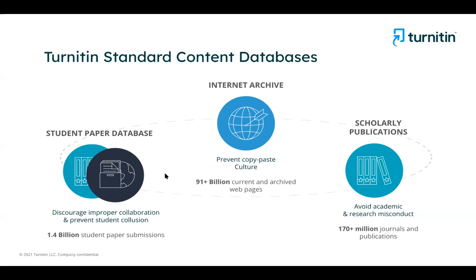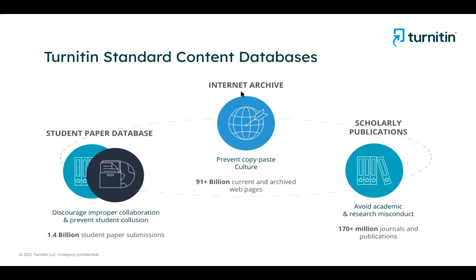We have more than 1.4 billion student paper submissions in this database. With that, we will be able to detect if your students are recycling their own work. Perhaps they have submitted it before and are just recycling some content of that and submitting it right now.